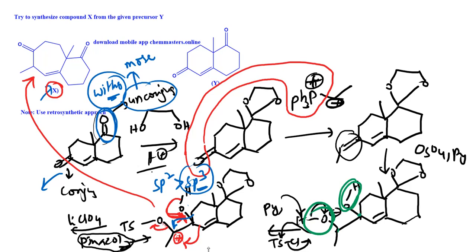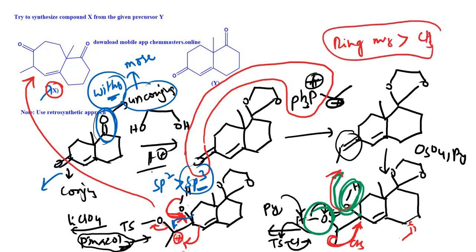The answer is that whenever tosylation takes place on this hydroxy group, it becomes the best leaving group. Whenever it cleaves, the methyl group should move here, and that means the formation of an aldehyde. When we compare with simple methyl group migration, ring migration is preferred. So just note this point: ring migration is preferred over simple methyl migration.